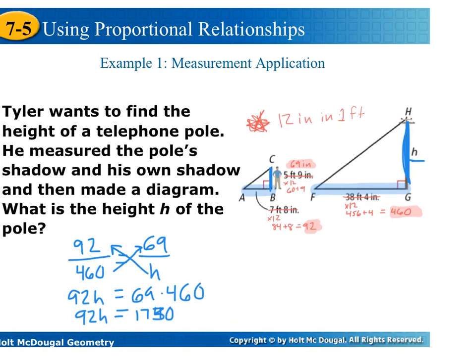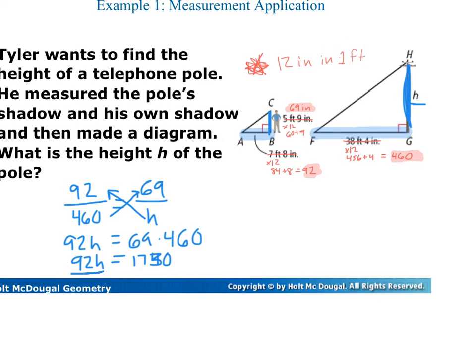And then we need to divide by 92. 31,740 divided by 92 is 345.